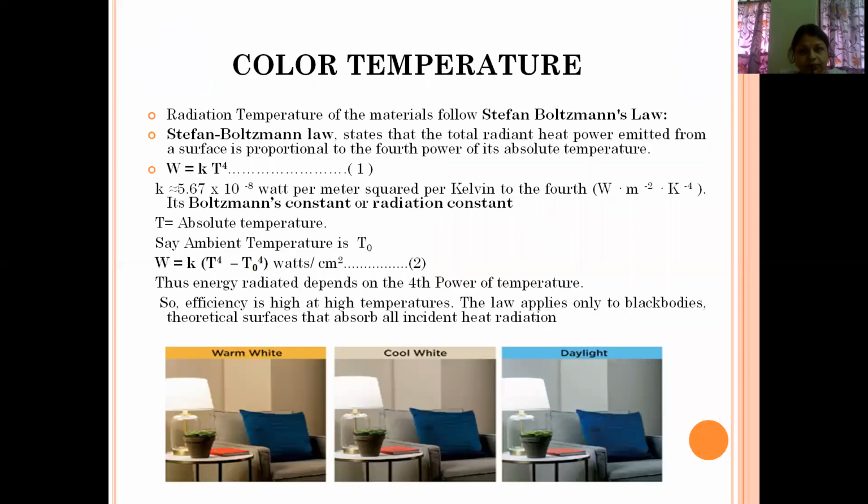Next, for the radiation temperature of materials, we follow the Stefan-Boltzmann law.